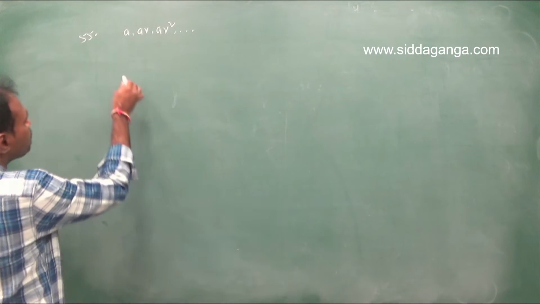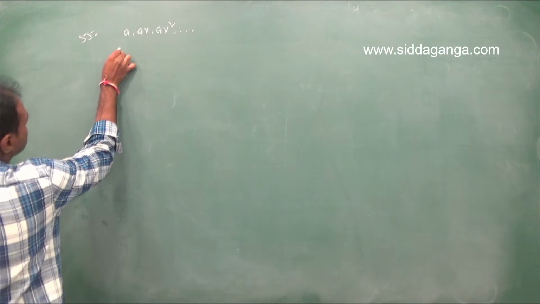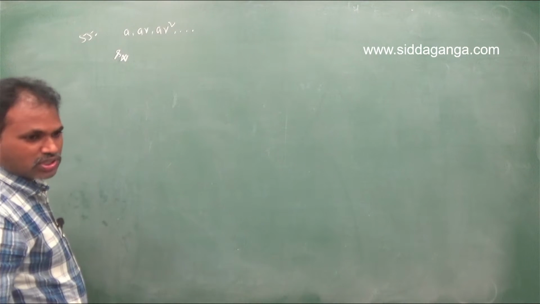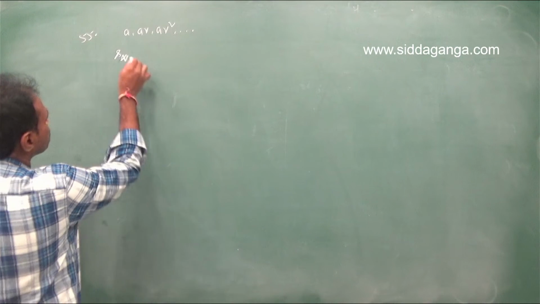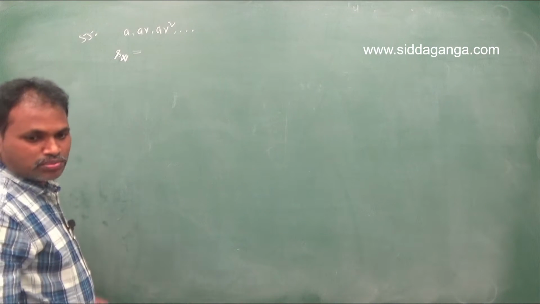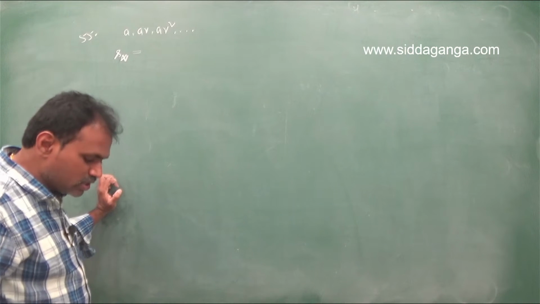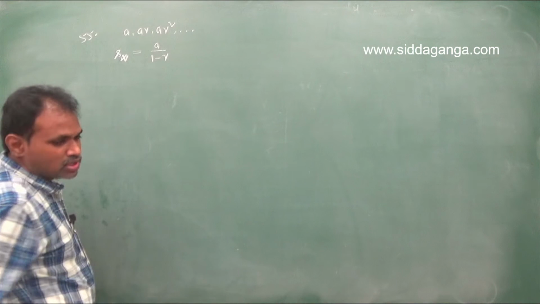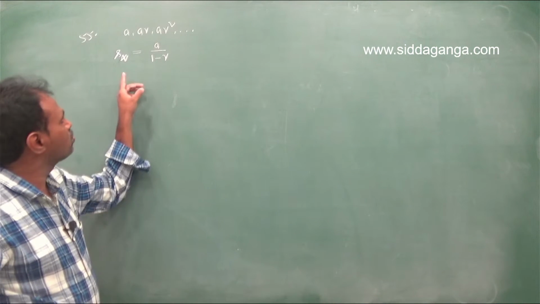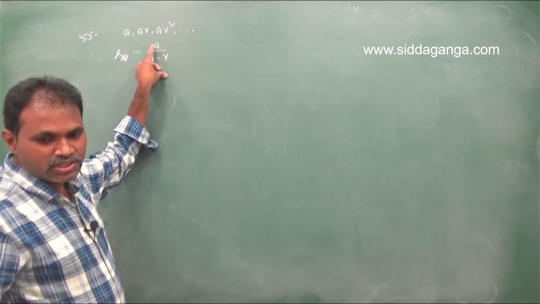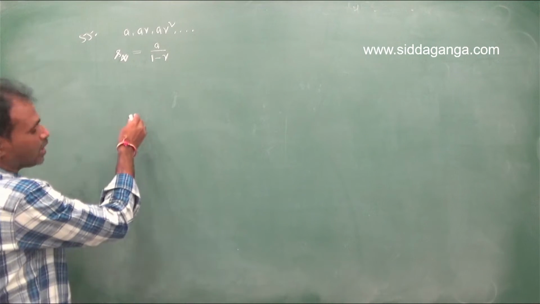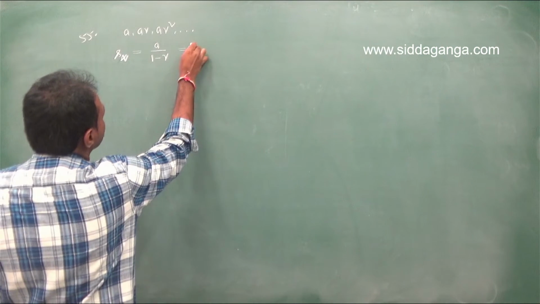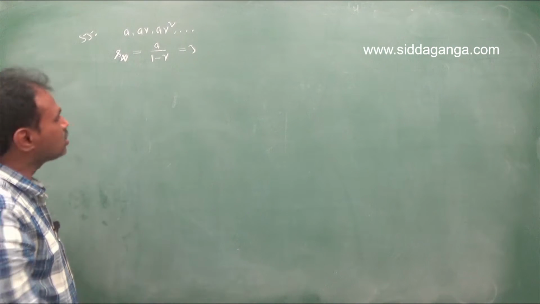Now for the sum of the infinite GP, taking the first series, S infinity equals the sum of infinite terms in the GP, whose formula is a by (1 minus r). This is given to be 3, that is a by (1 minus r) equals 3.